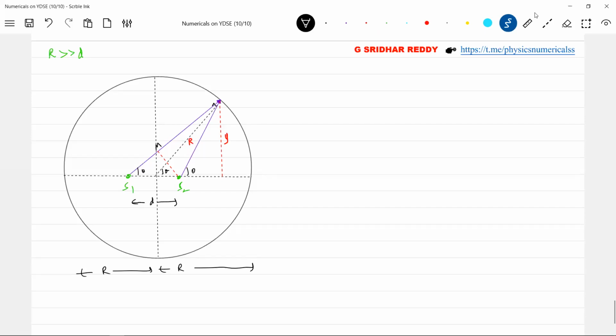Compared to ray 2, ray 1 will cover this much additional path. So again, cos theta equals delta x by d. Which triangle?